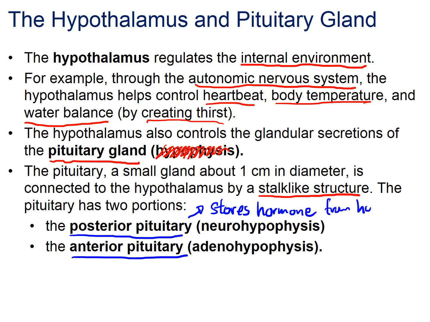These hormones are made in the hypothalamus, but they will be temporarily stored in the posterior pituitary gland until they are ready for release. On the other hand, the anterior pituitary gland makes its own hormones. In fact, we are going to be looking at 6 different hormones that are produced at the anterior pituitary gland.